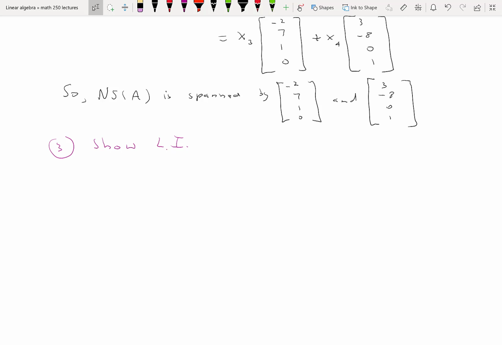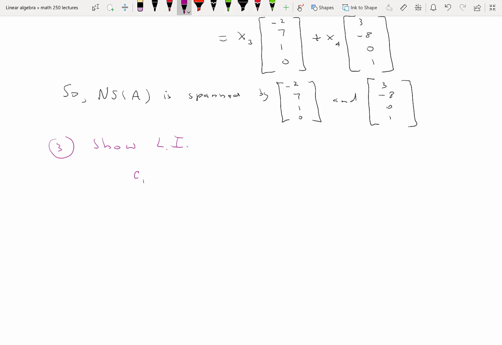Remember, we started our concepts of linear dependence and independence by saying that we have linear dependence if one vector can be expressed as a linear combination of the others. We have linear independence if that can't be true. I cannot write that second vector as a constant multiple of the first. It's impossible.